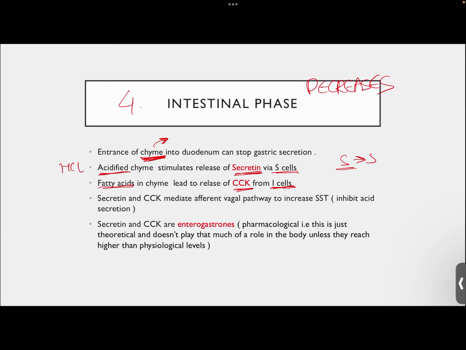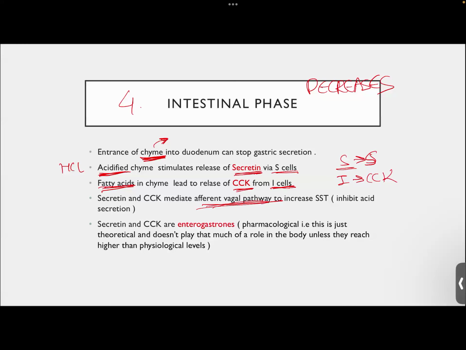It's not my fault. S for S, secretin. I cells, CCK. Okay? So secretin and CCK are released when you have chyme because chyme is acidified and it also has fatty acids. So when CCK and secretin are released by these cells, they mediate the efferent vagal pathway.